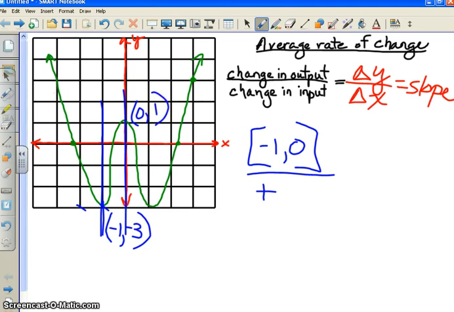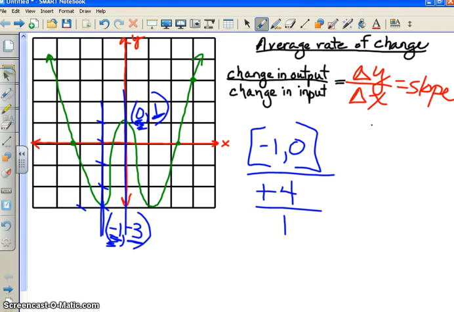So my y values, I've gone from -3 to +1, which is a distance of 4. Or I could have just counted 1, 2, 3, 4. And then from -1 in my x value to 0, my next x value, that's a distance of 1. And there's my average rate of change, 4/1.